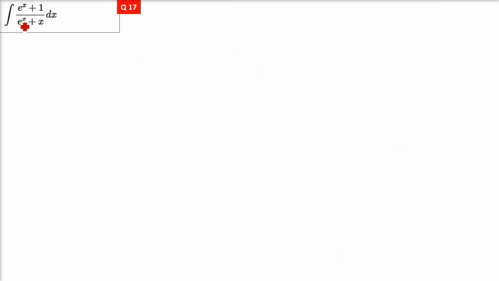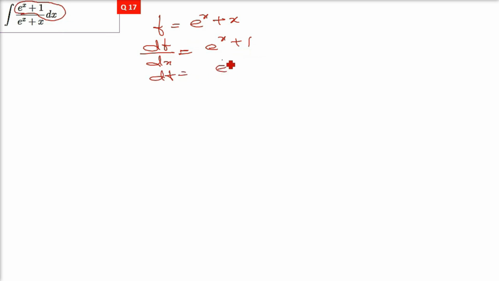Now see here, if you take t equals e raise x plus x, directly the numerator will come. So dt by dx will be e raise x, e raise x only, and this x will be 1. So this is what we wanted. So dt will be e raise x plus 1 into dx. Now this you can just replace by dt. So numerator becomes dt here.